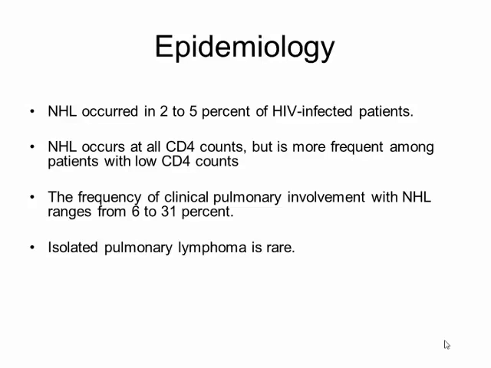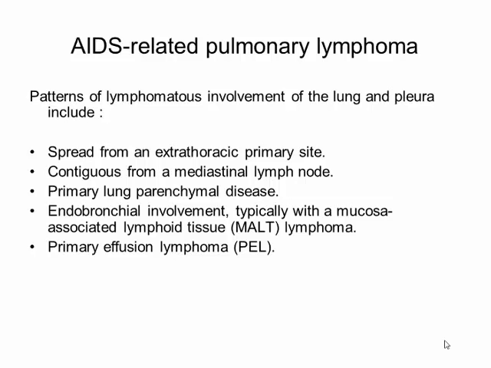You see lymphoma everywhere, and you look into the lungs, you might find it in probably a third of patients or less, so you never know the exact incidence of pulmonary involvement in that lymphomatous process. As we said, an isolated pulmonary mass in an HIV patient being lymphoma is rare, so most of it is going to be somewhere else.